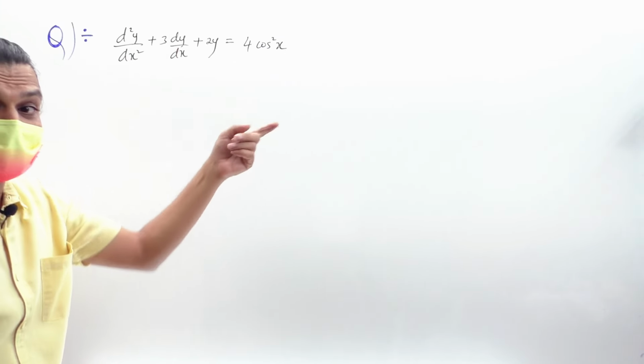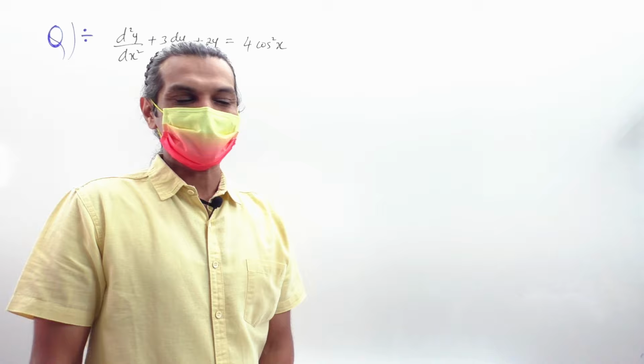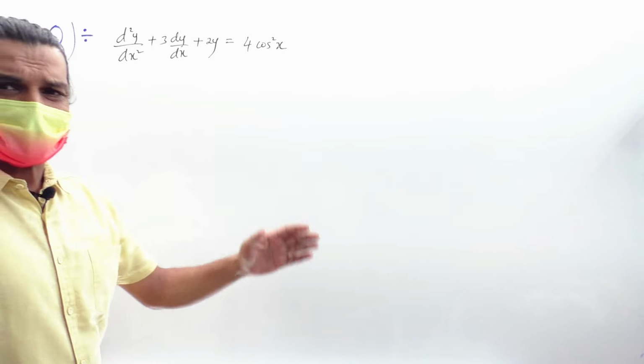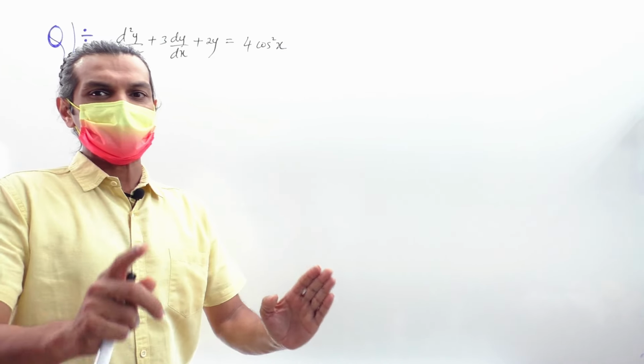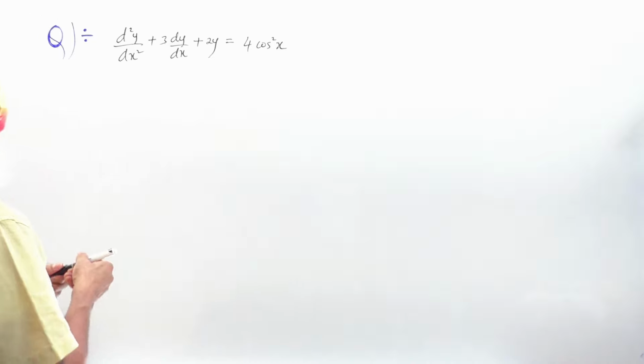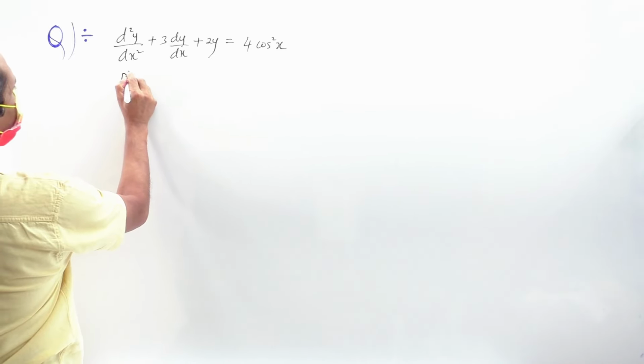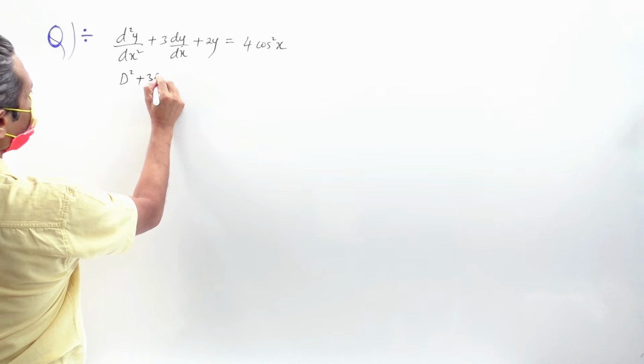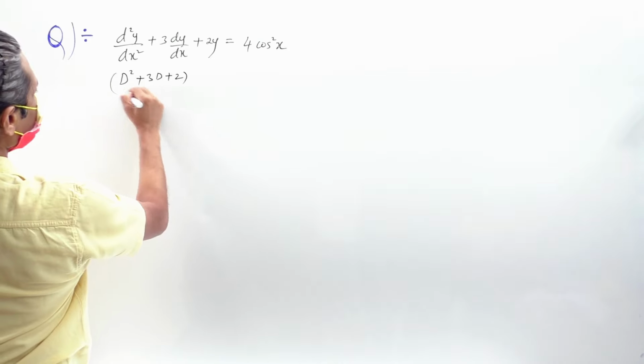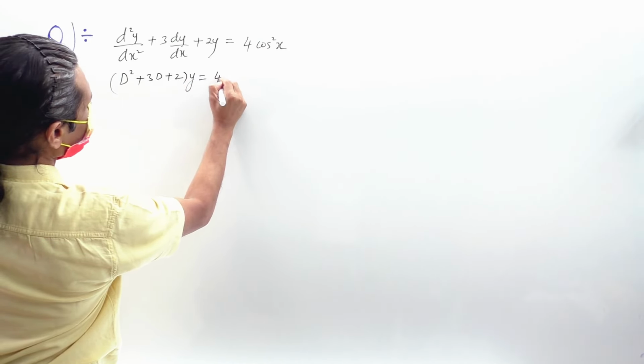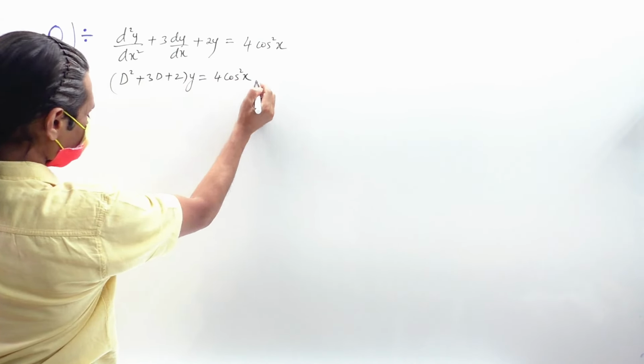I have not given cos, I have given cos square here. Okay. So first, as usual, target on finding the complementary function. So we have D square plus 3D plus 2 into y is equal to 4 cos square x.